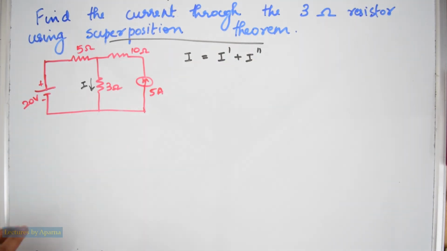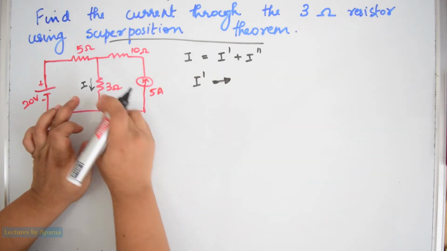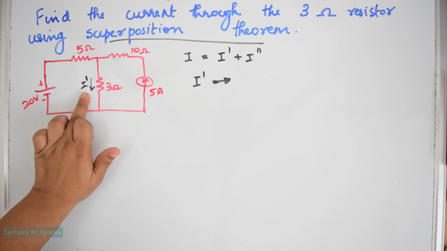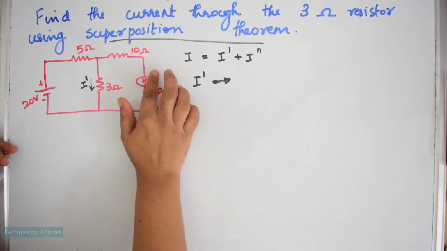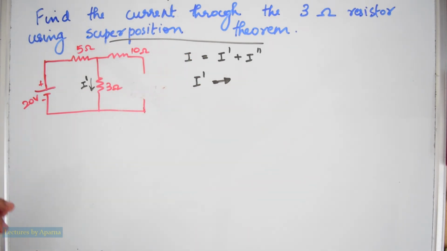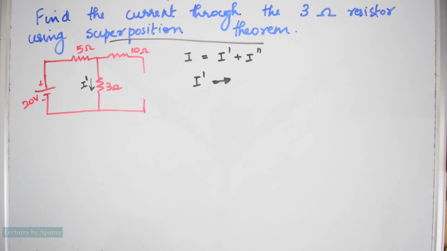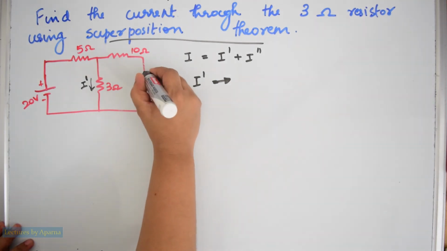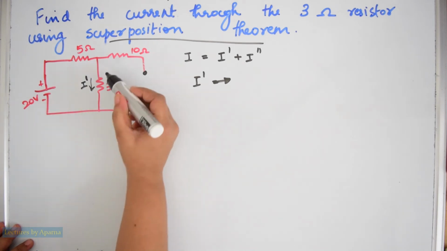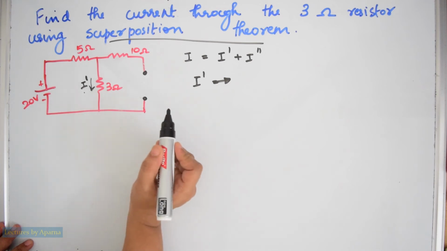I dash is the current when we replace this current source by an open circuit. At that time, what will be the current through this 3 ohm? That is indicated by I dash.